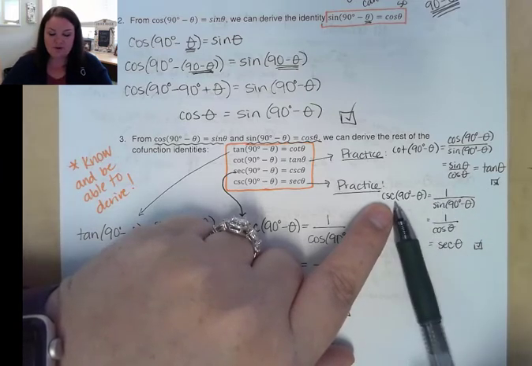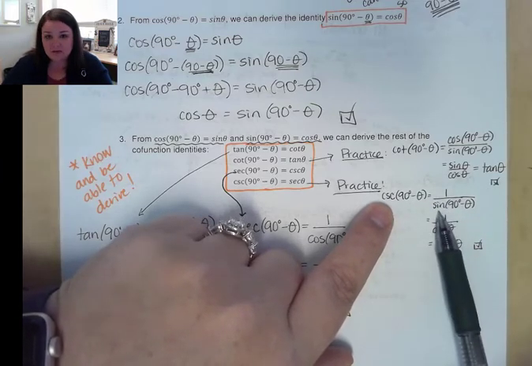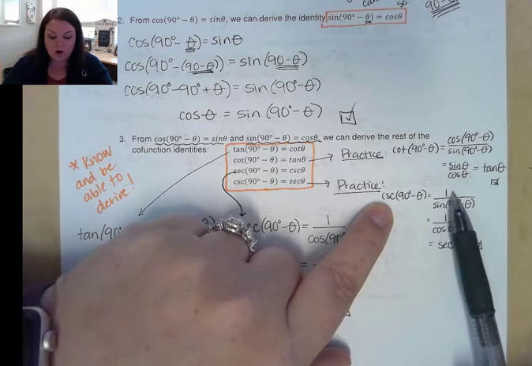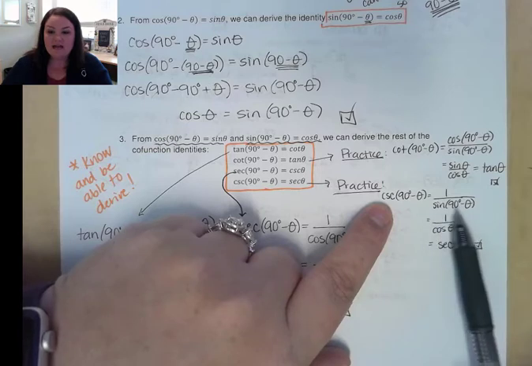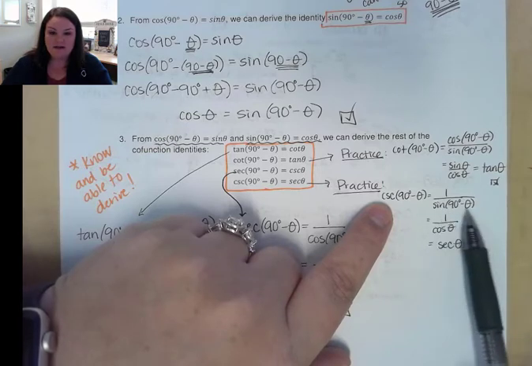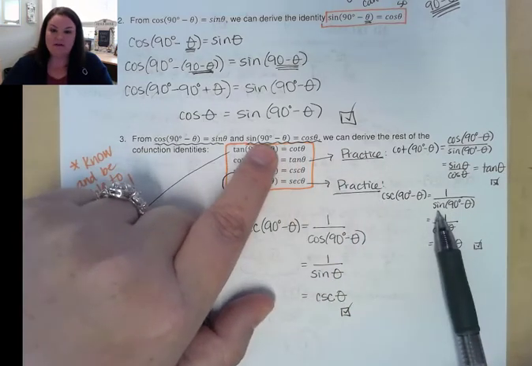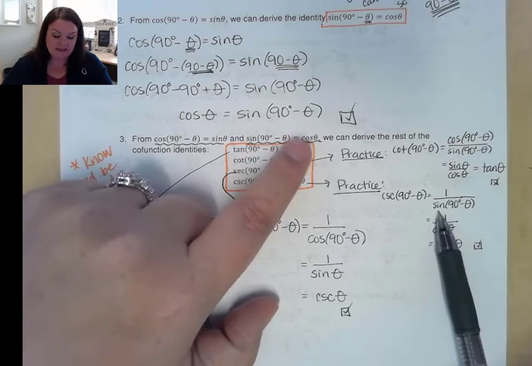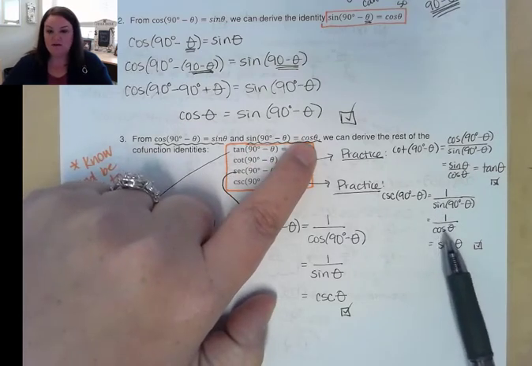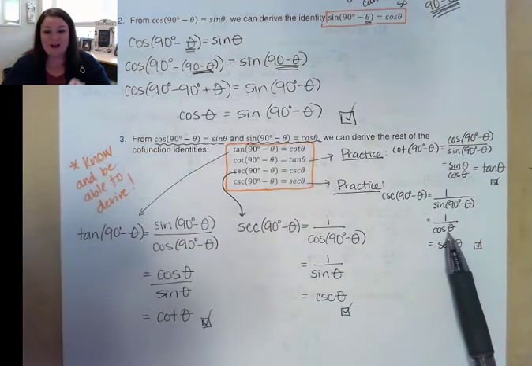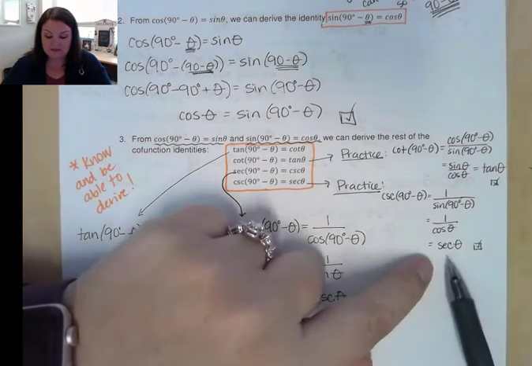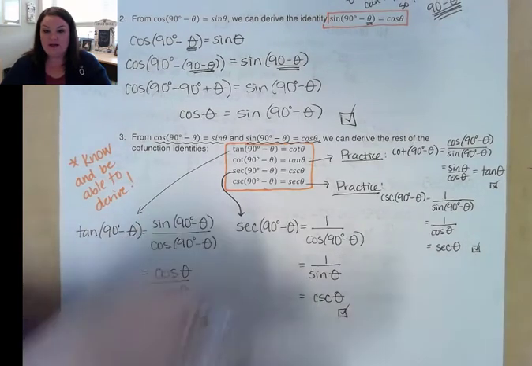So I can first rewrite this as a reciprocal, 1 over sine of 90 degrees minus theta. And then sine of 90 degrees minus theta is one of our identities here, right? It's the same thing as just cosine theta. So 1 over cosine theta, I can write in terms of secant because it's a reciprocal identity, okay?